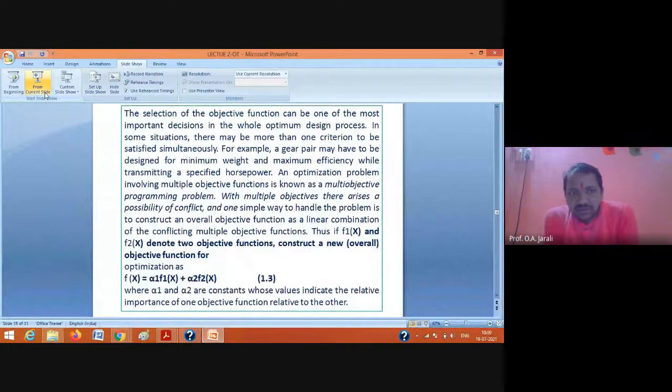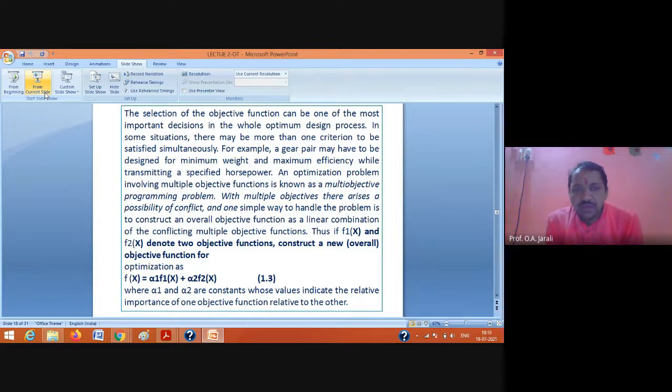The selection of the objective function can be one of the most important decisions in the whole optimum design process. In some situations, there may be more than one criterion to be satisfied simultaneously. For example, a gear pair may have to be designed for minimum weight and maximum efficiency while transmitting a specified horsepower.